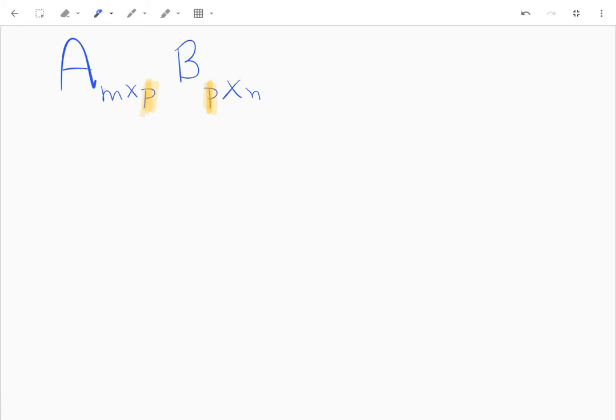Now, what are matrices actually used for? They're used for solving equations, right? And by solving equations, we mean that we give certain input and there is a certain process and then we get an output, right?